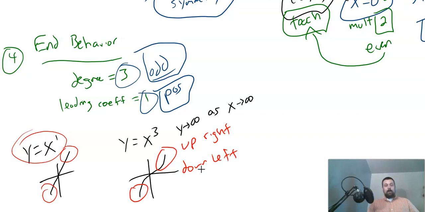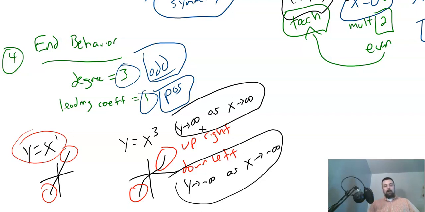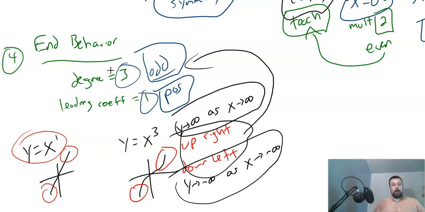That's the up to the right. This one would be y goes to negative infinity, and I forgot the negative sign, negative infinity as x goes to negative infinity. Right? So that's how you would describe that using calculus notation. All right, so this is my end behavior for x to the third power. It's the same end behavior for this function because it fits in the same category.